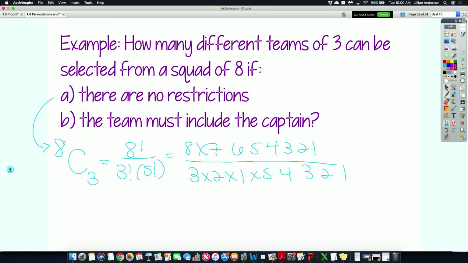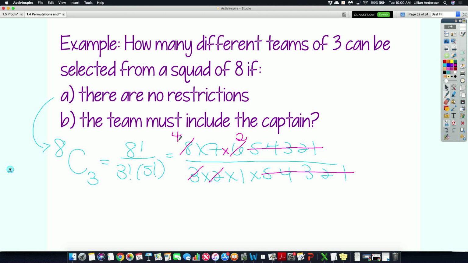I can take out the 5, 4, 3, 2, 1 on both. The 6 and 3 simplify to just 2. The 2 and the 8 simplify down to 4, and I'm just left with 1 in the denominator.